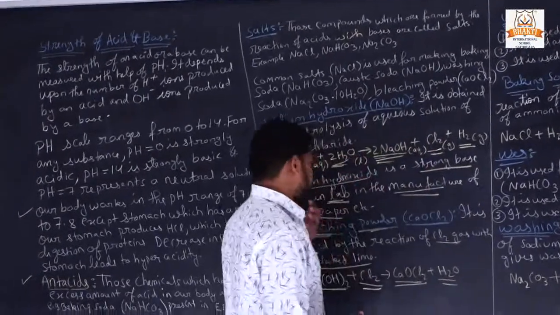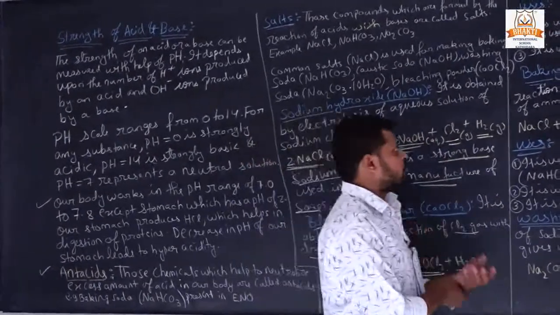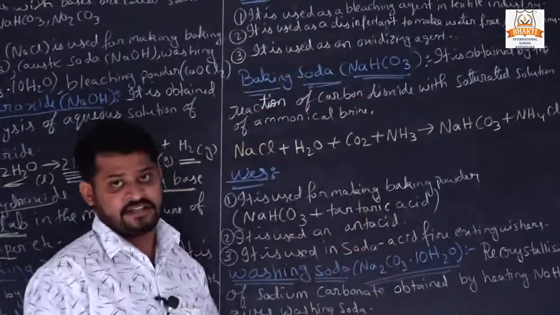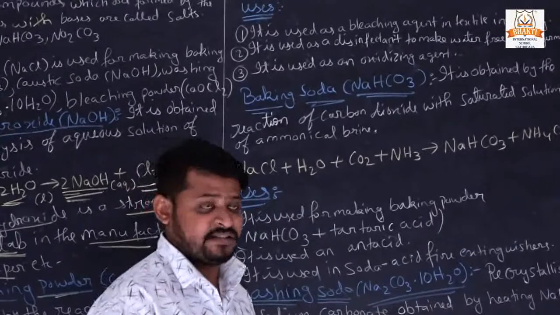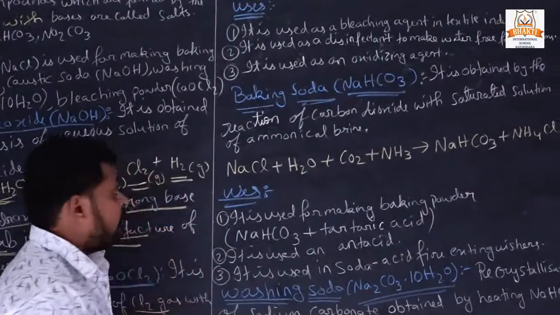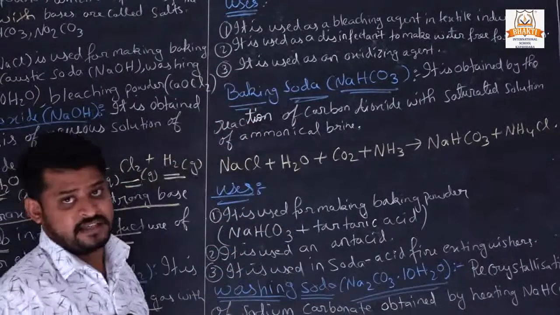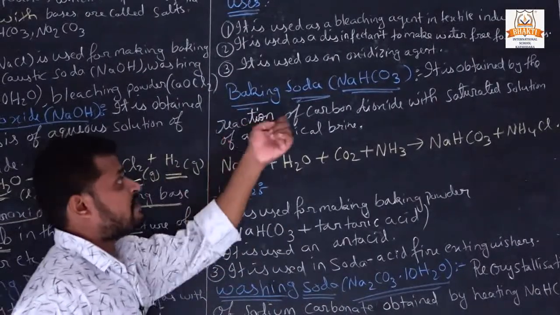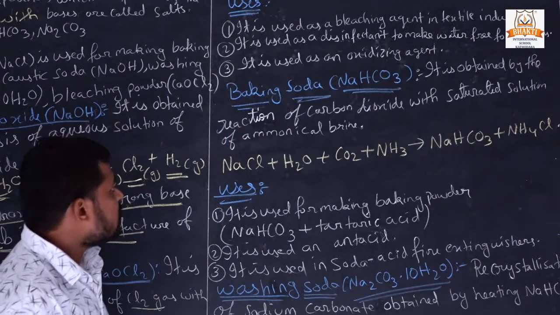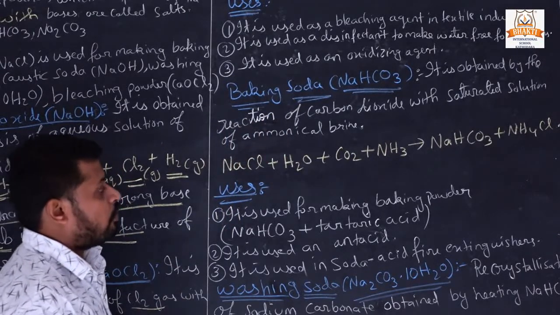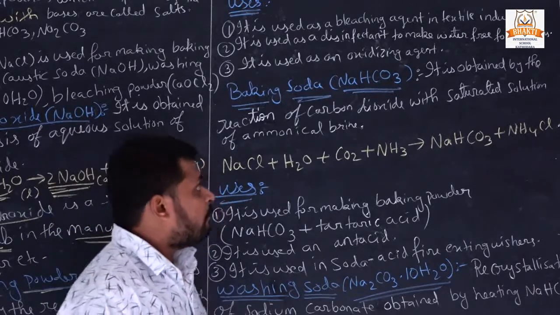Why are we making bleaching powder? Where is it used? It is used as a bleaching agent in the textile industry, for dyeing and coloring. It is used as a disinfectant to make water germ-free.